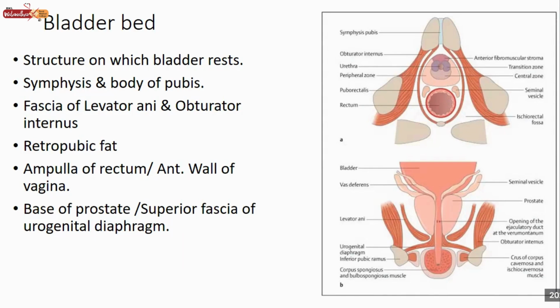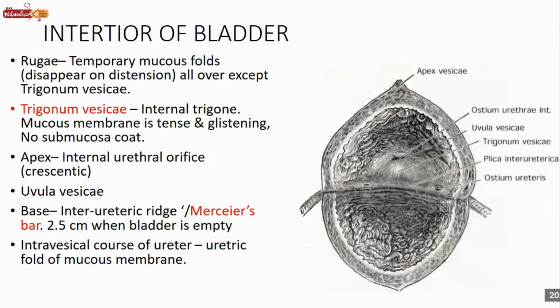First is the pubic symphysis, body of the pubis, then fascia covering the levator ani muscle, then the obturator internus fascia, the retropubic pad of fat, then the ampulla of the rectum on which it lies, or the anterior wall of the vagina in females, the base of the prostate, or the superior fascia of the urogenital diaphragm. So these are the structures on which the bladder lies.